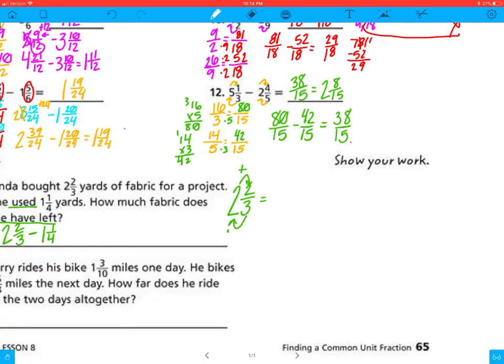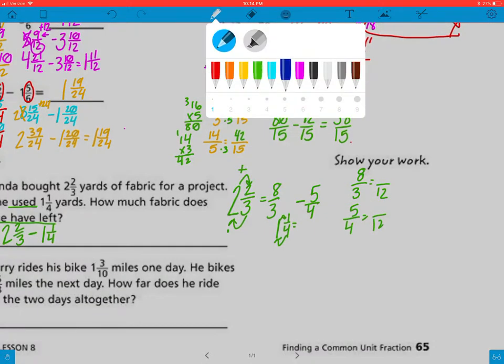2 multiplied by 3 is 6, plus 2 is 8, so 8/3, minus 4 multiplied by 1 is 4, plus 1 is 5, so I would subtract 5/4. My common denominator with my least common multiple is going to be 12. So 8/3 is equal to how many 12ths? And then 5/4 is equal to how many 12ths?